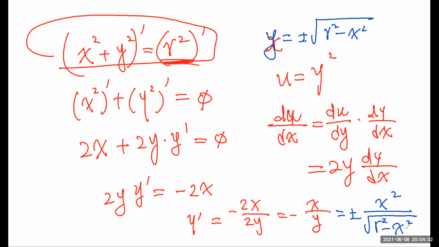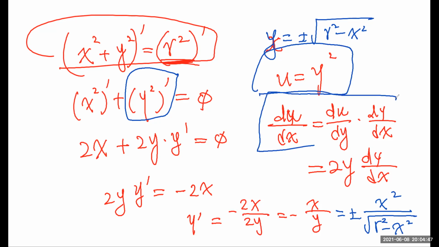Okay, so with that, we're going to do the problems. And remember, when we're doing this, we actually have to use the chain rule. If you think u is y squared, then du/dx is actually du/dy times dy/dx.